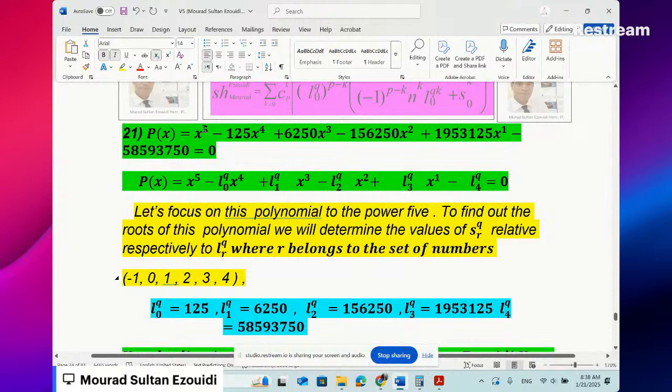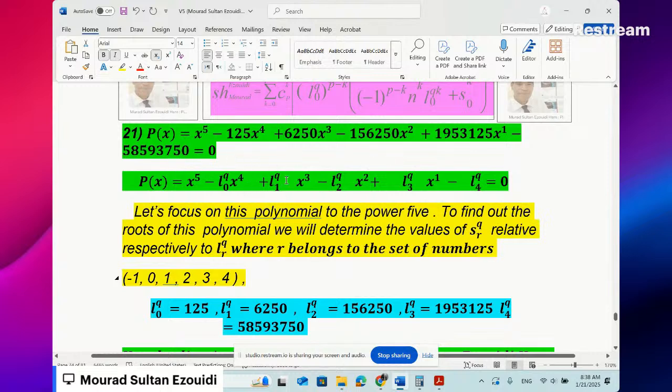P of x equals x raised to the power 5 minus 125 x raised to the power 4 plus 6,250 x cubed minus 156,250 x squared plus 1,953,125 x minus 58,593,750. So I'm going to write this in its standard form.